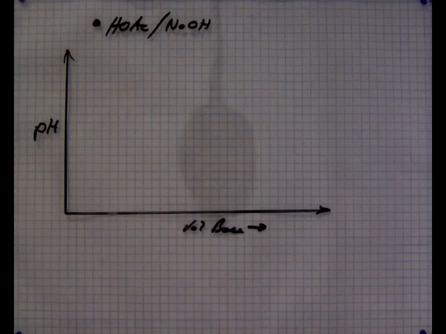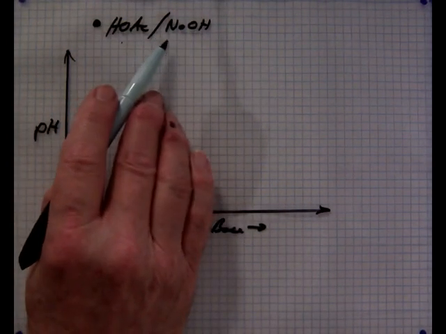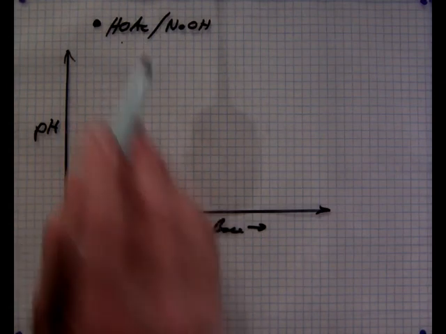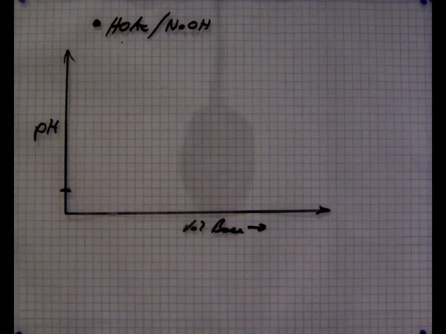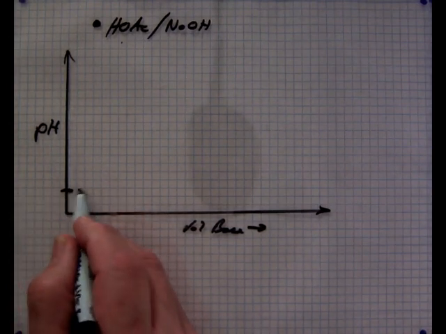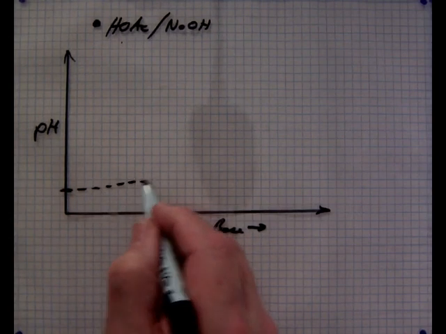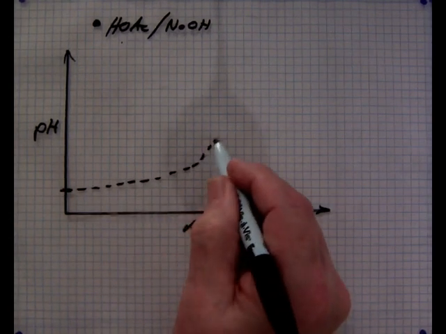Of course, you set up the acid in the beaker and then add sodium hydroxide. If the acid's in the beaker, it starts at a pH of around 3 and follows the trend of a weak acid, as shown.